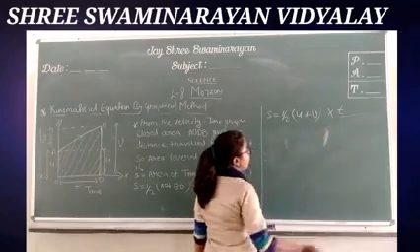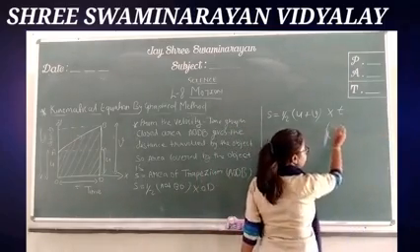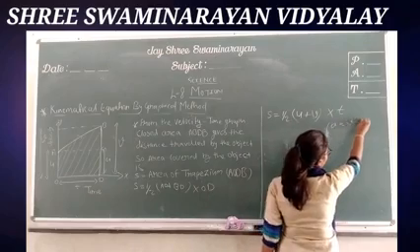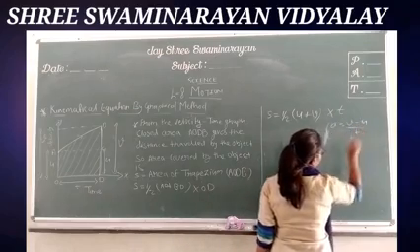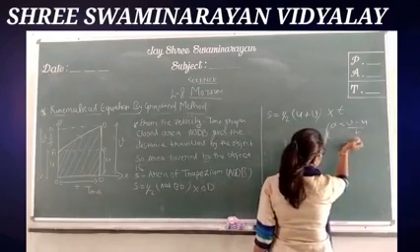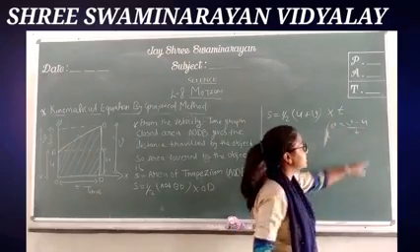Now we put the value of t from the formula of acceleration, that is a is equal to v minus u by t. If we want the value of t, what do we have to do? We have to shift this t from the right side to the left side, and here it is in division form.